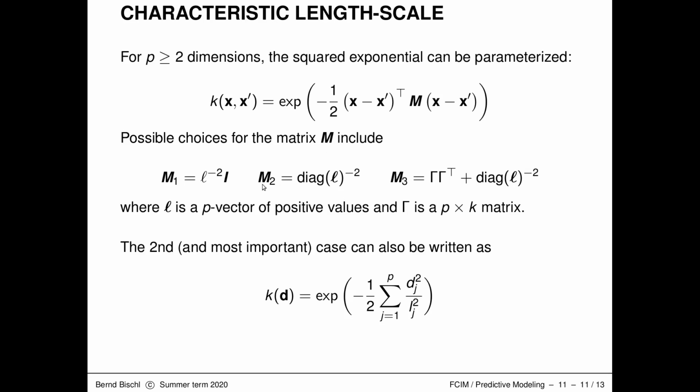If we compare this, for example, to this second case here, where M becomes a diagonal matrix, and on this diagonal we have L1 squared, L2 squared, L3 squared, and so on until Lp squared. In this second case, you can also write it down in a much simpler and more readable form, where in the exponential function you have minus a half times the sum, where you go over all of your features and then you do dj squared divided by lj squared.